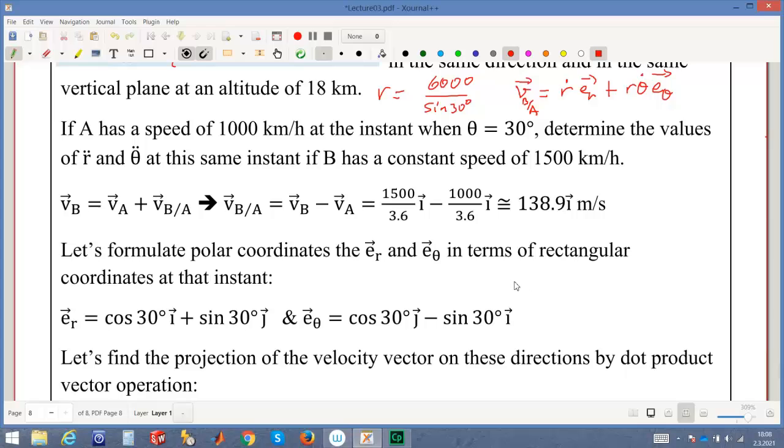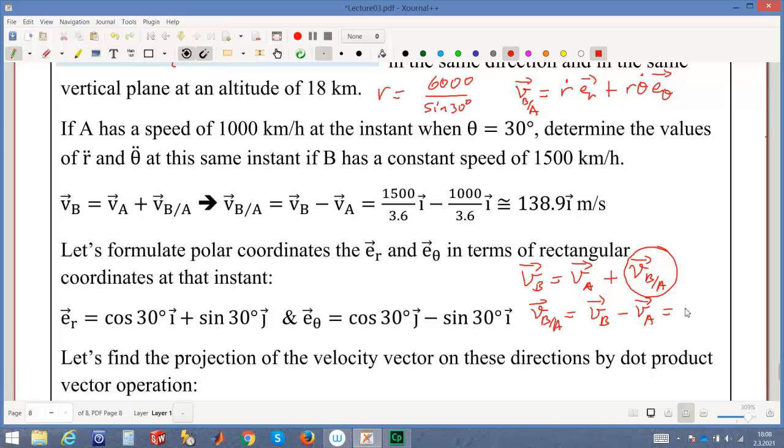So what I need to do is write out an equation for velocity of B. Absolute velocity of B is equal to absolute velocity of A plus relative velocity of B with respect to A. And this is the component I'm looking for. Therefore, velocity of B with respect to A is equal to absolute velocity of the B plane minus the absolute velocity of the A plane.